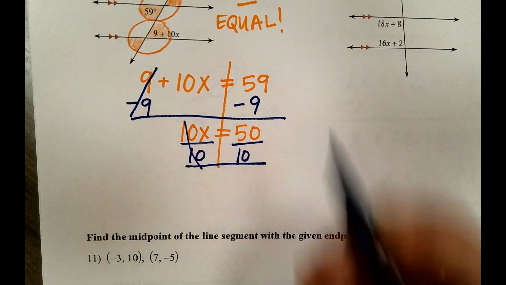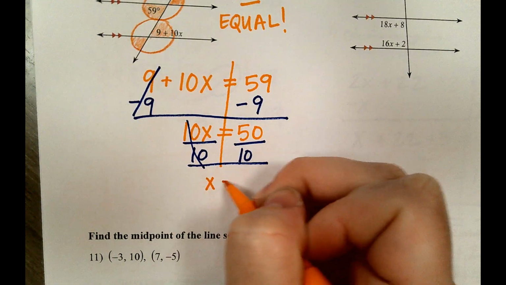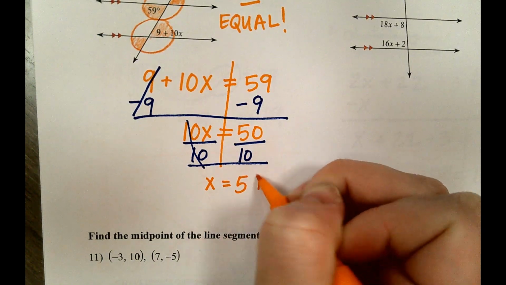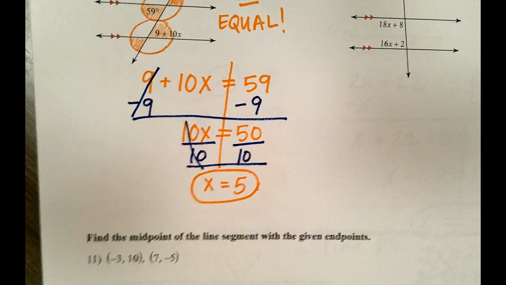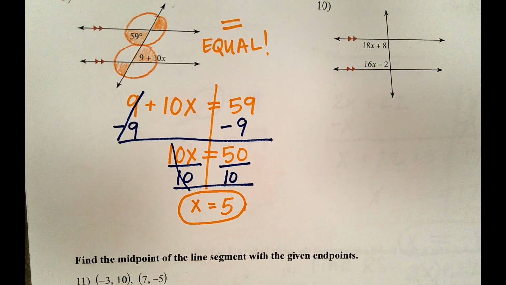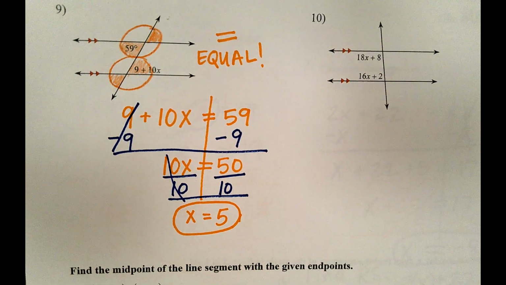Your 10 will cancel. Your X equals 5. Perfect. X equals 5. Very nice. I like when they cancel nicely. Okay, so there's number 9.